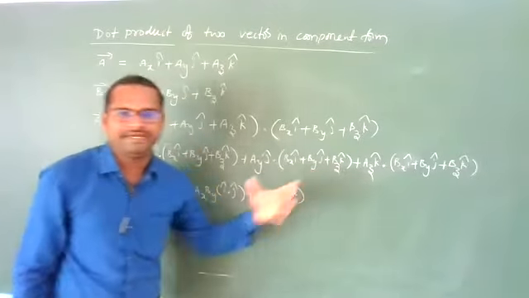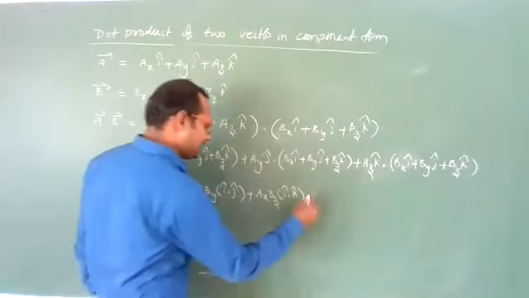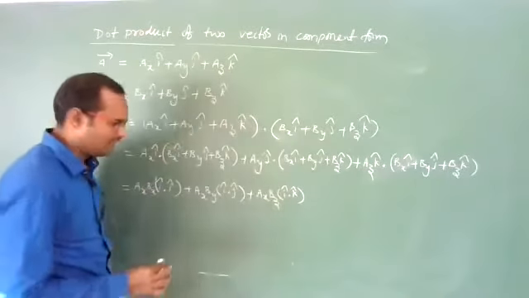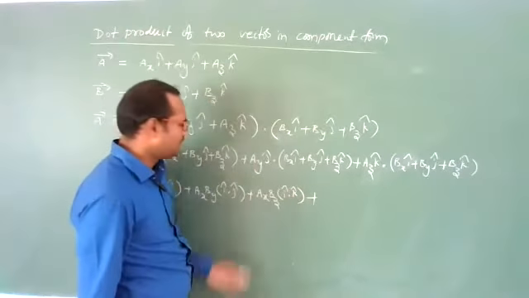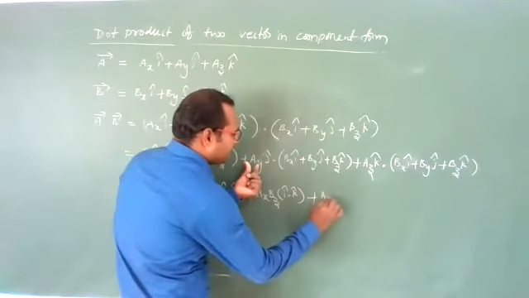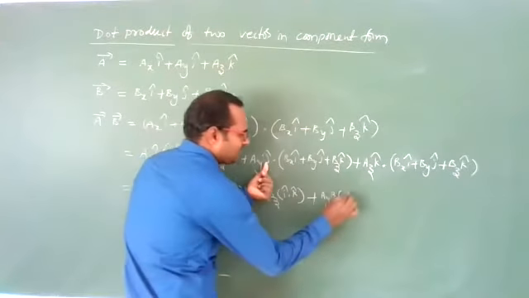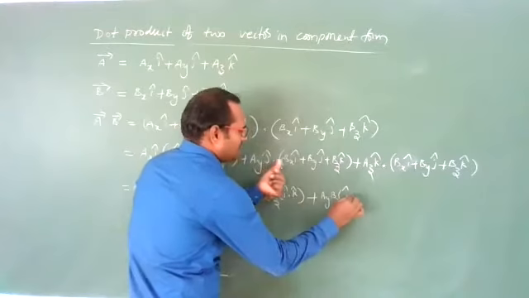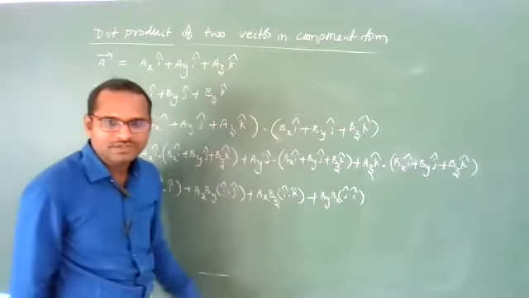Now with this we should multiply again. Let us write. Plus ay into bx, now here j cap dot I cap. Can you see the board clearly?